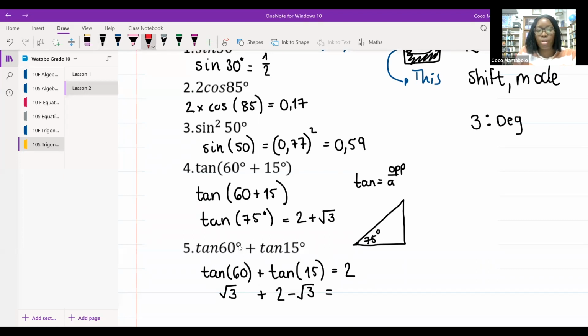What is the square root of 3 minus the square root of 3? I don't know. Okay, if I just go square root of 3 minus square root of 3, I'm going to get 0. So the only thing I'm going to have left in this answer is 2. Yeah, and that's how we got the answer 2.